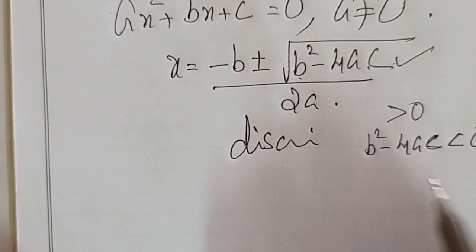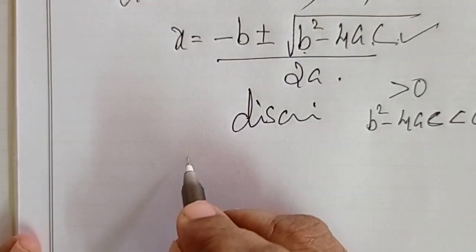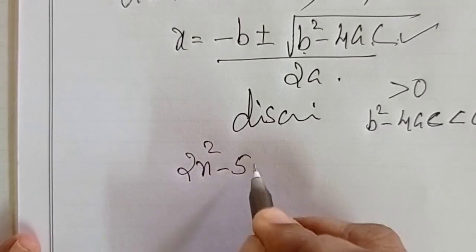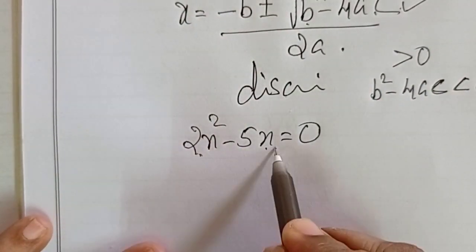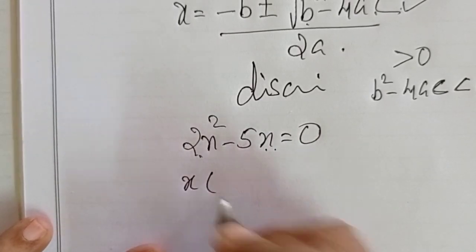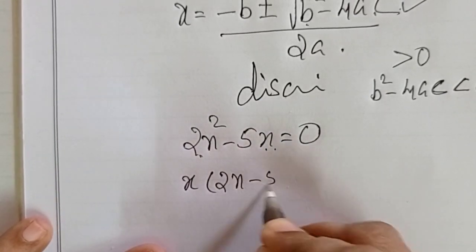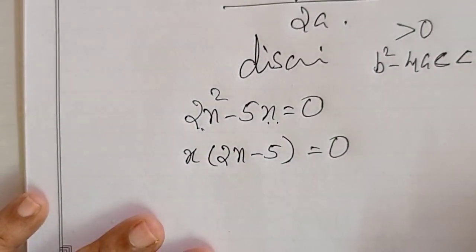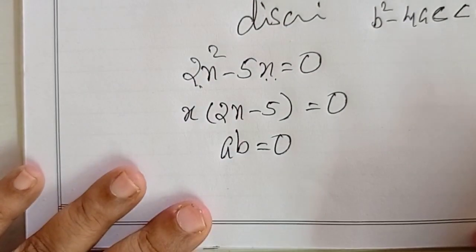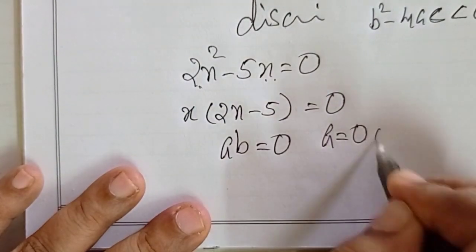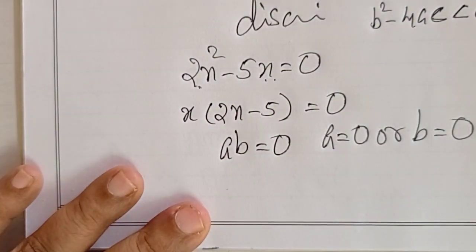Here our question is only to be solved. 2x square minus 5x equal to 0. From these two terms, we can take x outside, isn't it? x into 2x minus 5 equal to 0. In maths, AB equal to 0 means either A equal to 0 or B equal to 0.